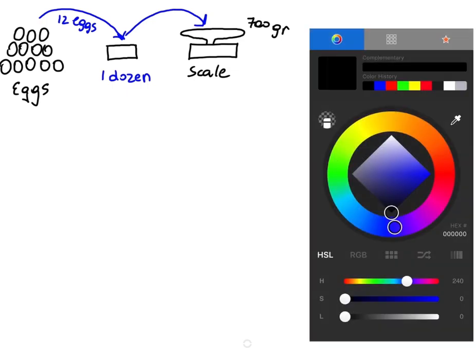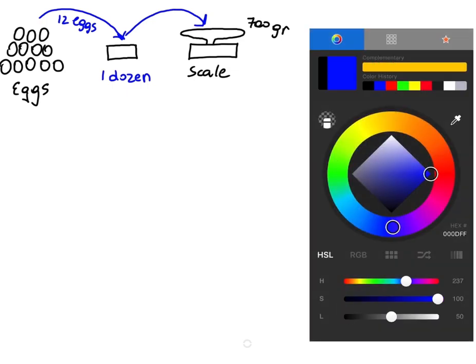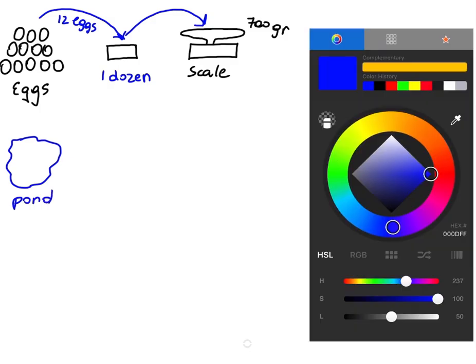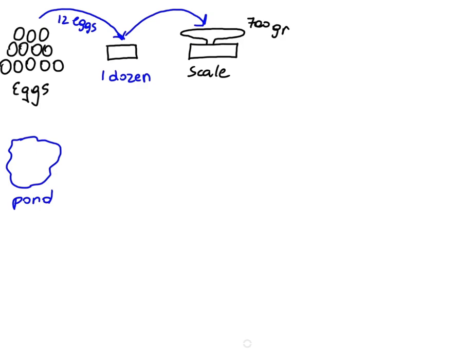Now imagine you have a pond of water. So here I'm just going to draw, this is just a pond. It contains water. So now what you're going to do, you want to transfer this water into a similar box, but one that contains only 1 mole. Not a dozen, not 1 dozen, but now 1 mole.